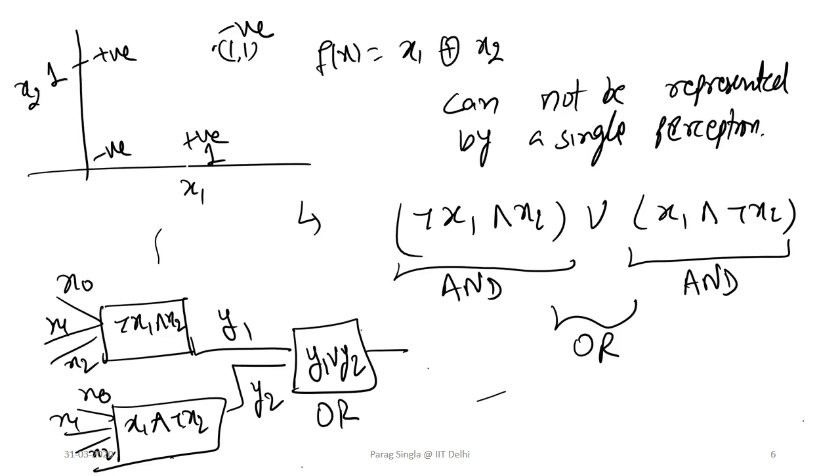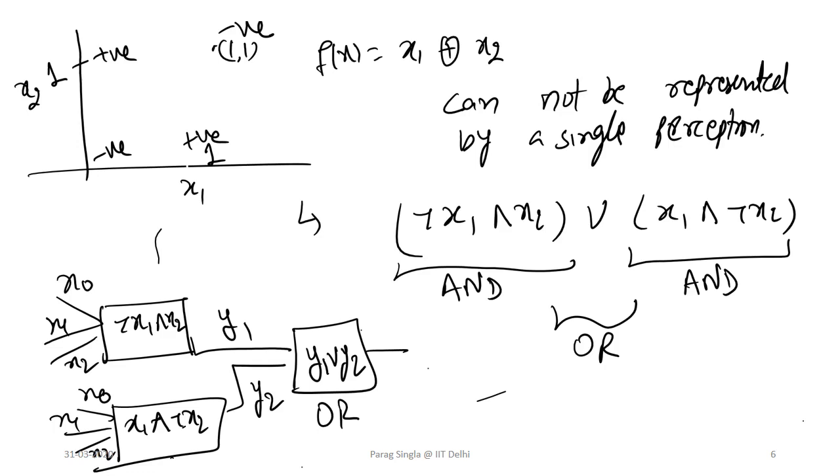This implements the function x1 and not of x2, and these two feed into this OR unit, which is essentially, if I call this y1 and this y2, then this simply is doing y1 or y2. And this is my output. And while showing this, note that I have sort of hidden the thresholding unit inside these boxes.